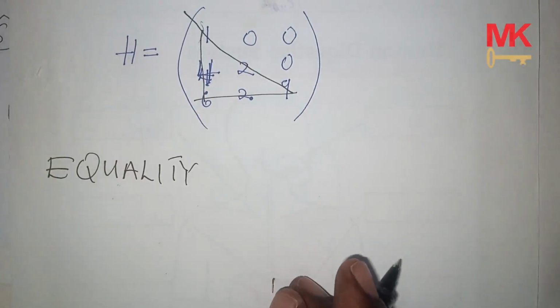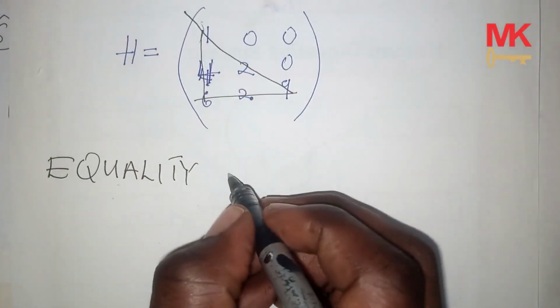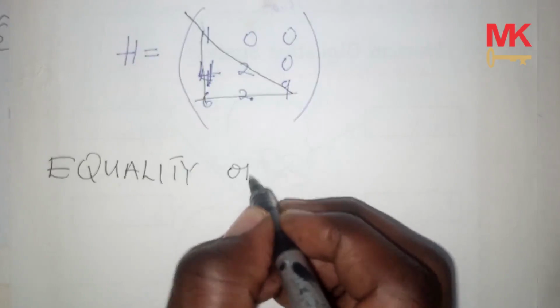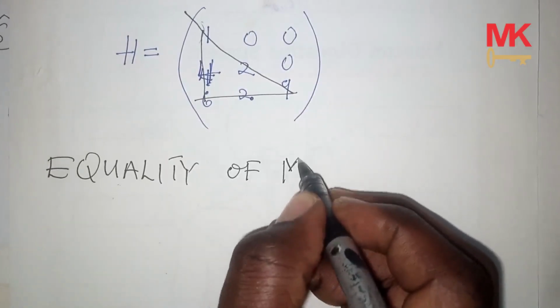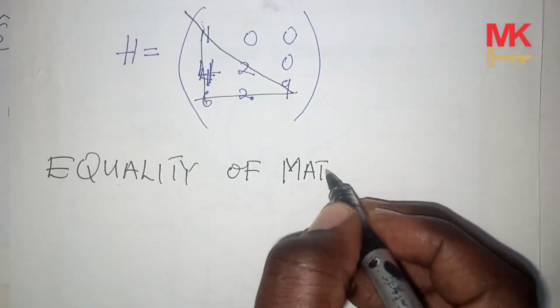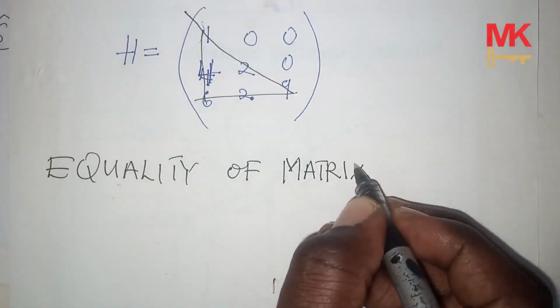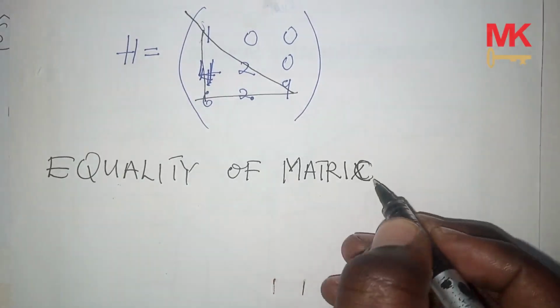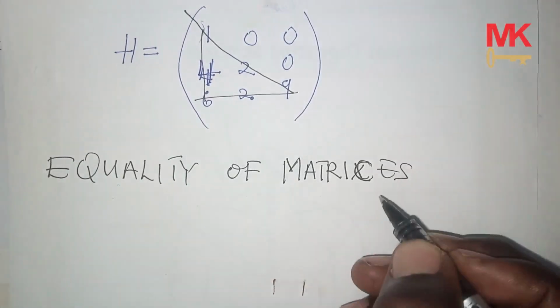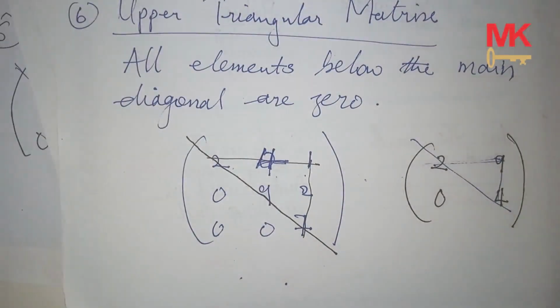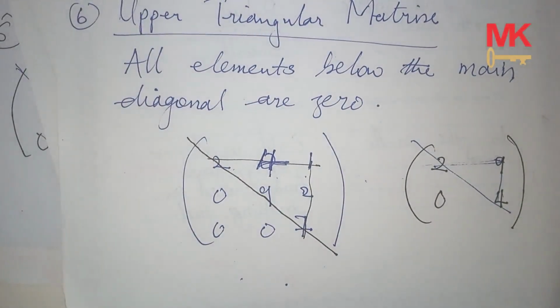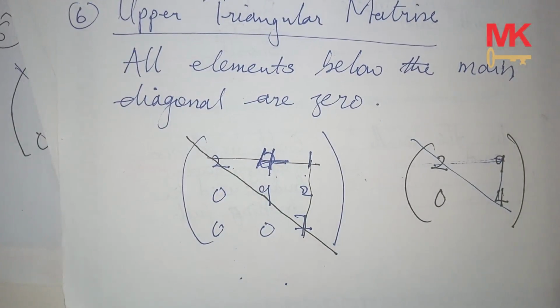So equality of matrices, we can say that two matrices are equal when the corresponding elements are equal.